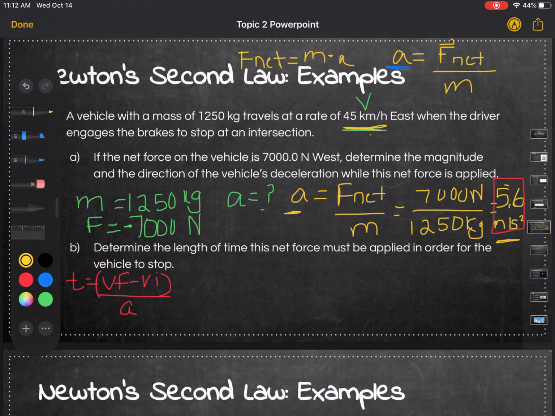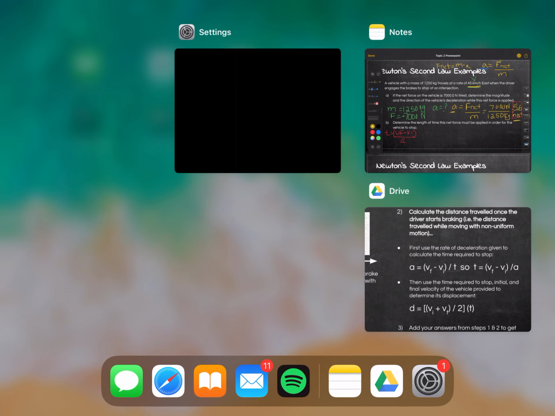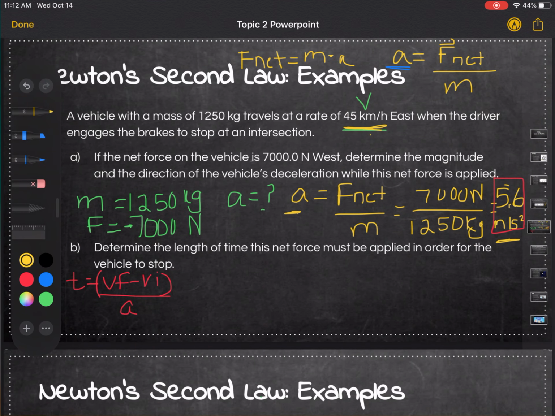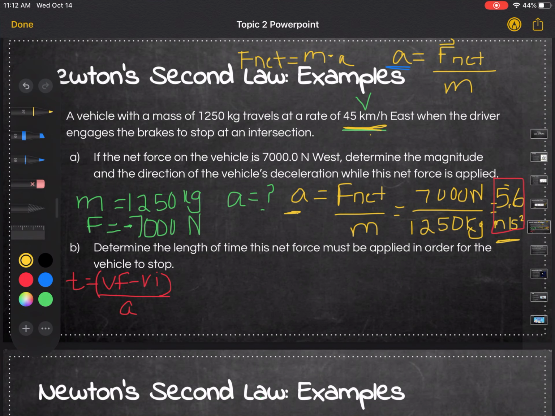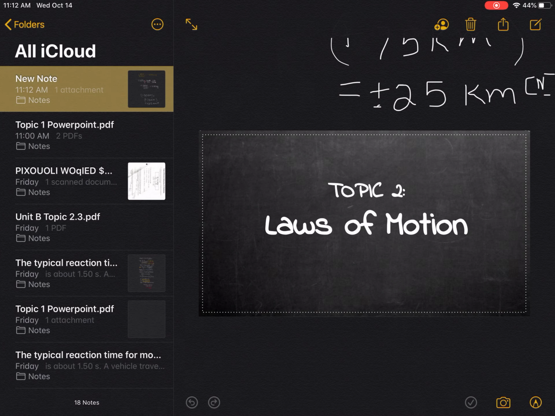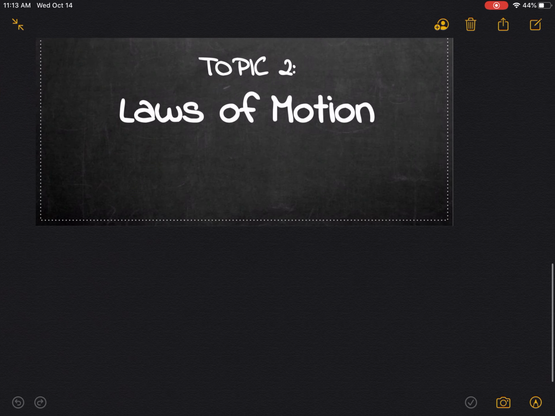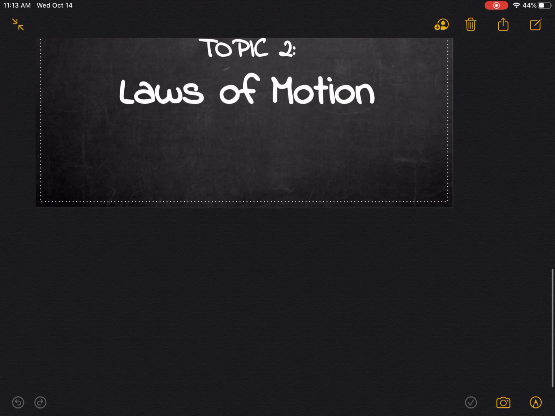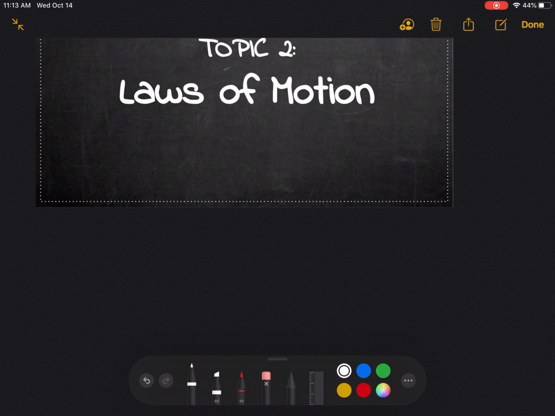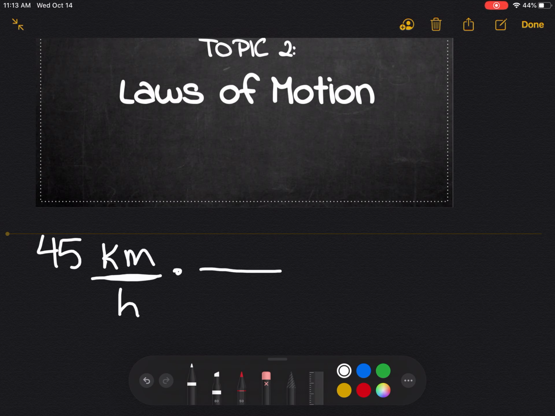I'm going to do that just outside of here, so that we have enough space. So we have got 45 kilometers per hour, and we need to change that into meters per second. So if we have kilometers on the top, we put kilometers on the bottom.